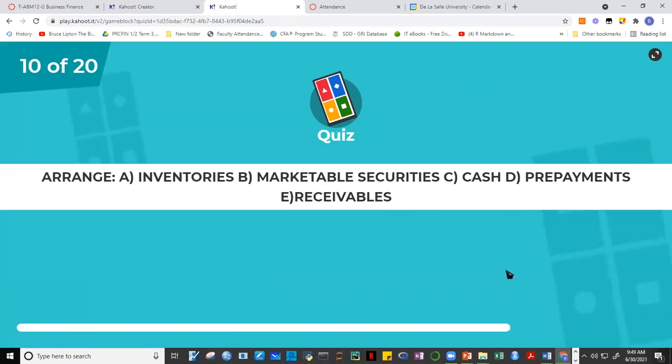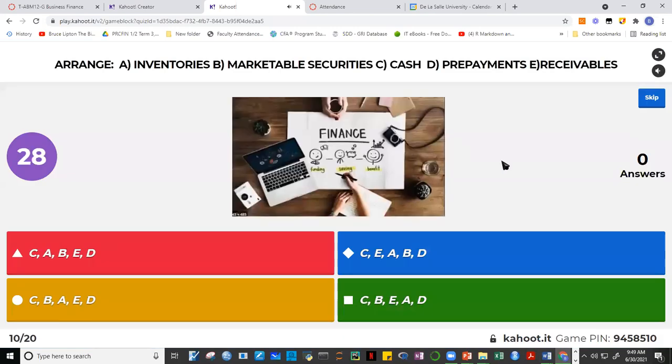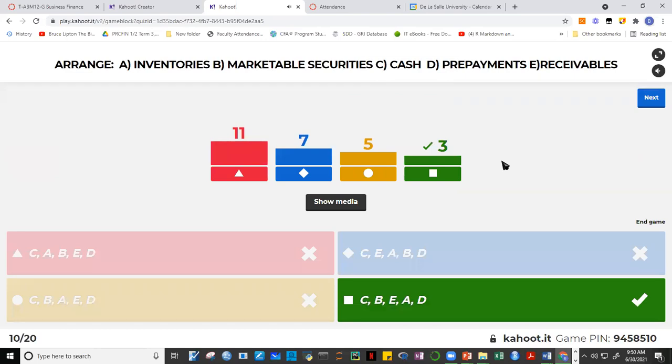Arrange this according to appearance in the balance sheet. These five. Okay. All right.